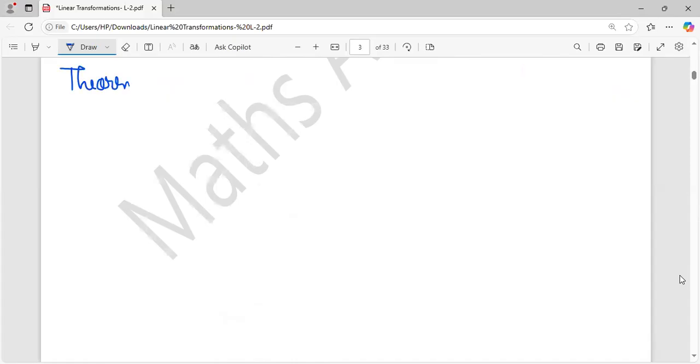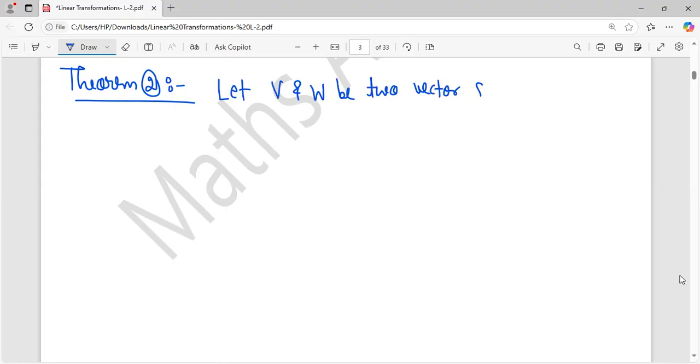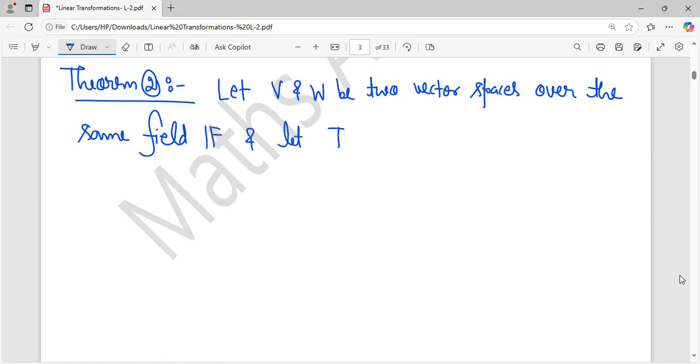Theorem 2. Let V and W be two vector spaces over the same field F, and let T: V to W be a linear transformation.